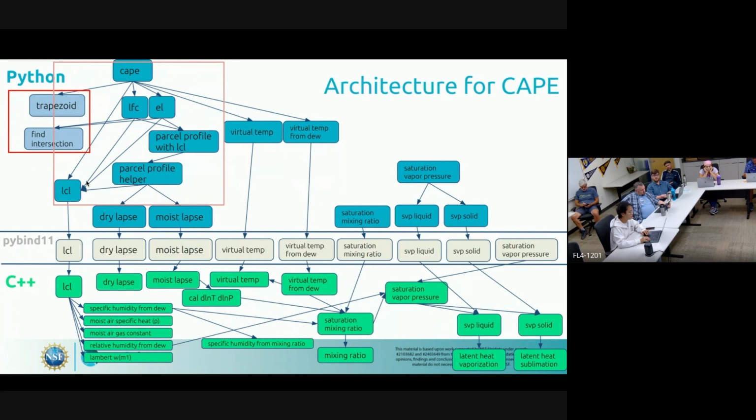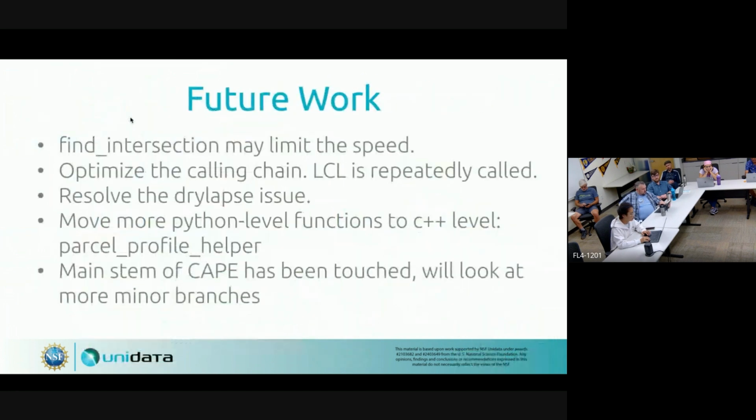So this can be a huge obstacle that can make the runtime even longer. So if we can only call the LCL once, it would be better and speed up everything. And also, of course, we need to resolve the dry labs issue.